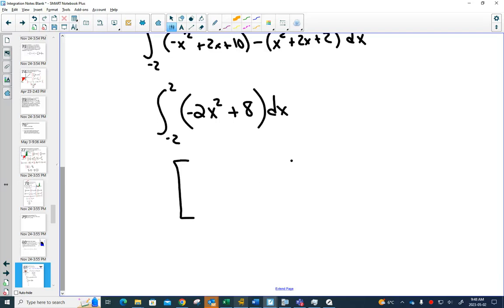Put in my square box, -2 to 2. I get -2x³ over 3 plus 8x.